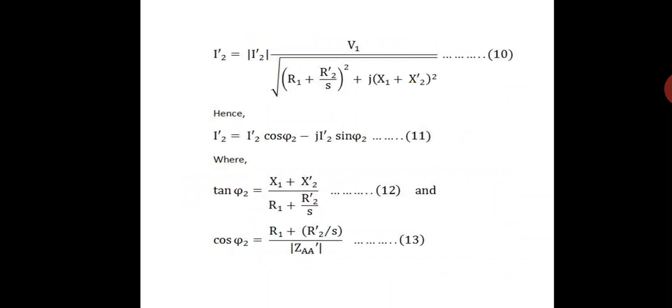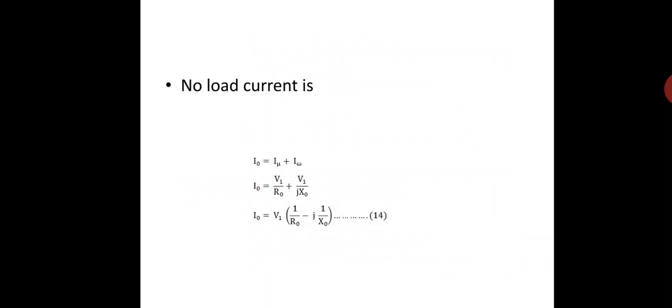So for the approximate equivalent circuit, X is nothing but X1 plus X2', R is nothing but the total resistance R1 plus R2'/S. So tan φ2 can be written as (X1 + X2') by (R1 + R2'/S). Like that, cos φ2 equal to R by Z, so the total resistance R1 plus R2'/S divided by the total impedance ZA'.